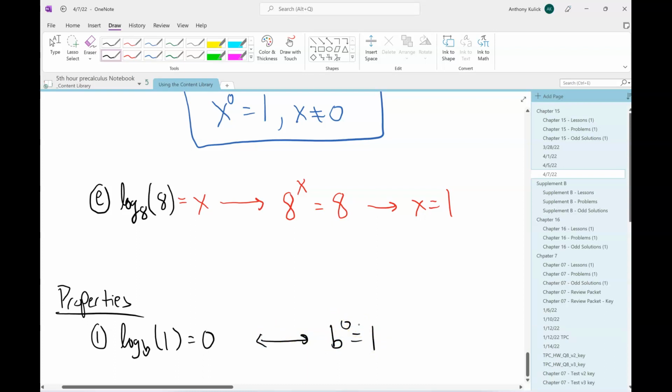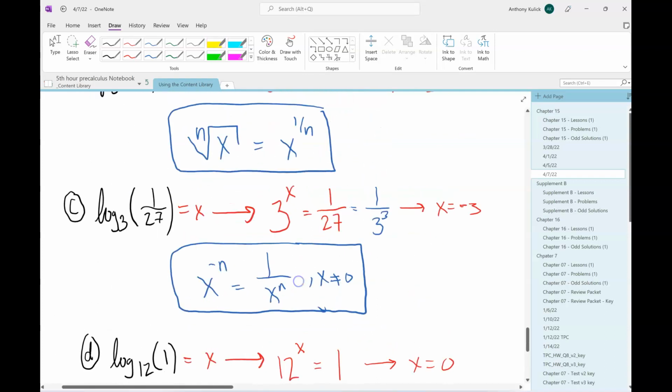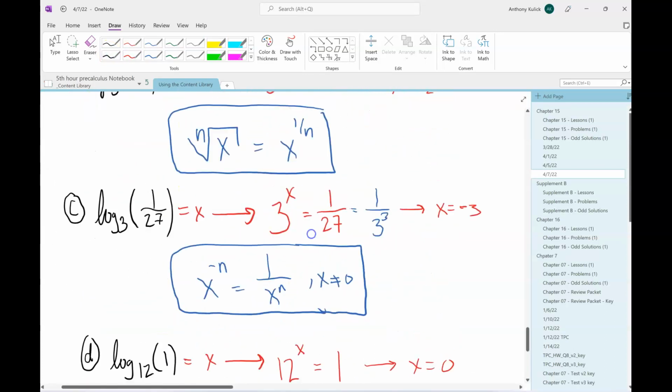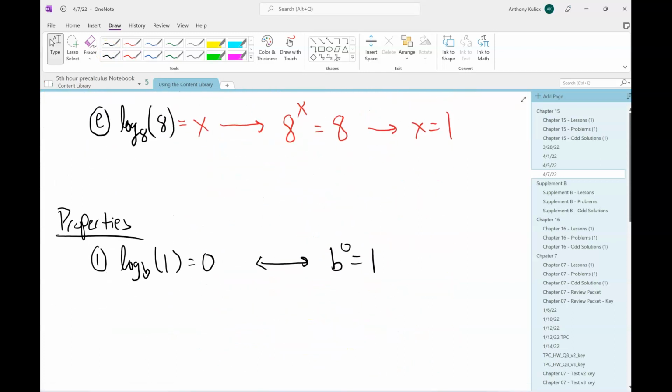Now, remember when we did this property before, we said that the base of the exponential can't be 0. Why am I not worried about that condition here? Because when we defined our logarithm, we defined it for bases that were greater than 0. So it's not possible for the base of a logarithm to be 0, so we can't ever get something undefined. So we don't even have to worry about that possibility. Cool!